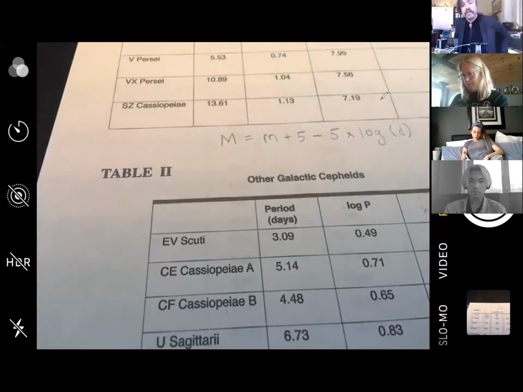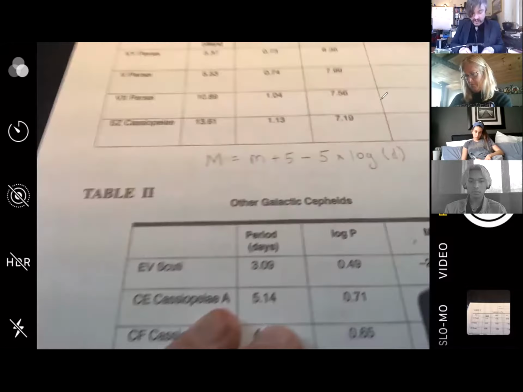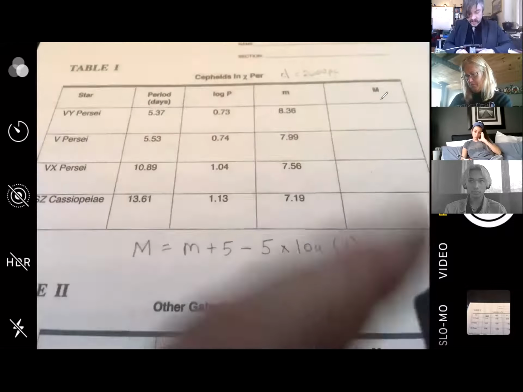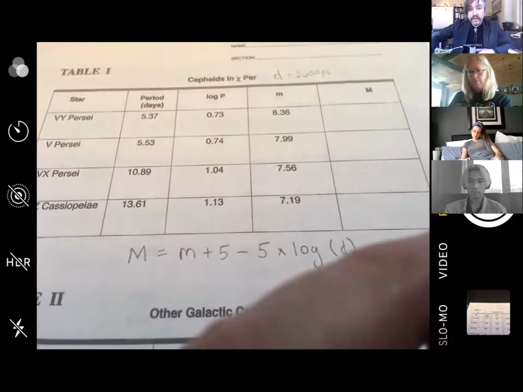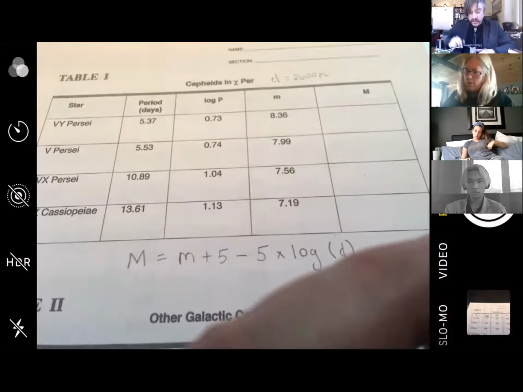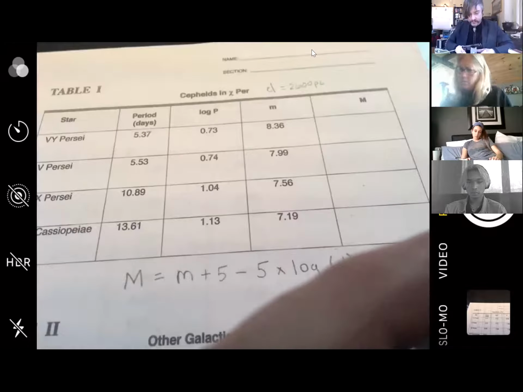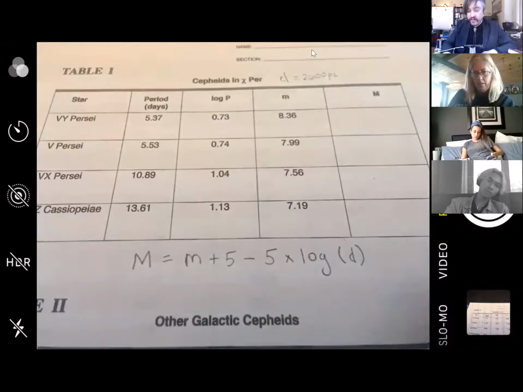This is an old astronomy formula that relates the apparent magnitude, which is the brightness, to the absolute magnitude, which is the luminosity.